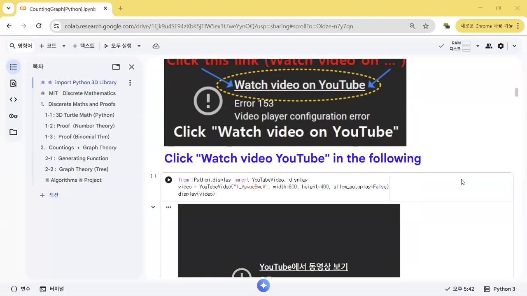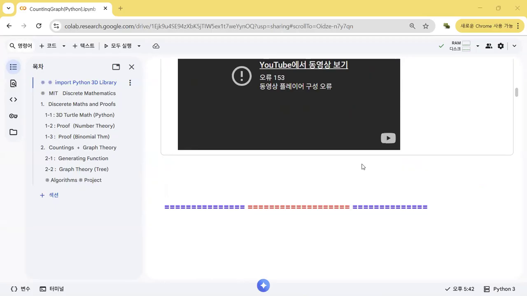I don't know why. This code is not an error, but I think Google doesn't want to provide YouTube inside of this Colab. So anyway, this is the YouTube video, but there is an error.